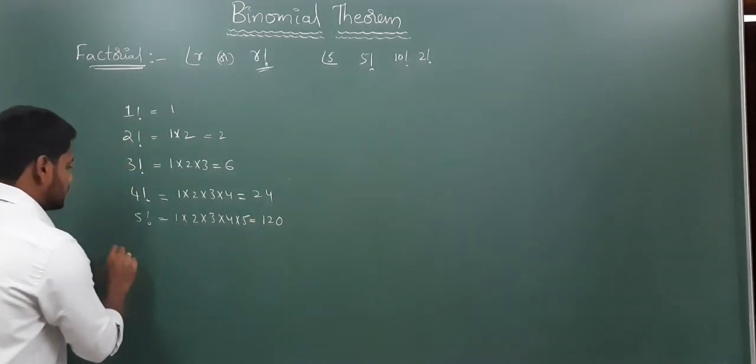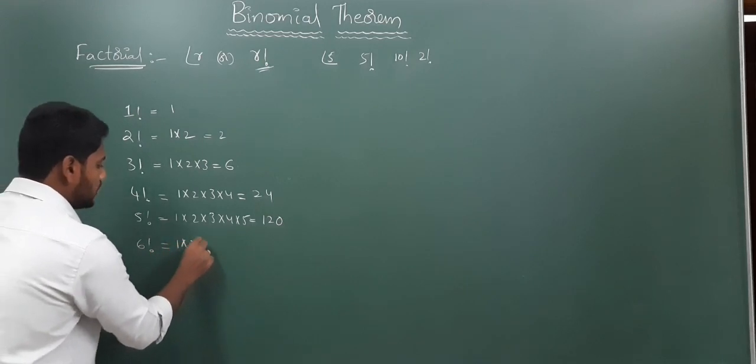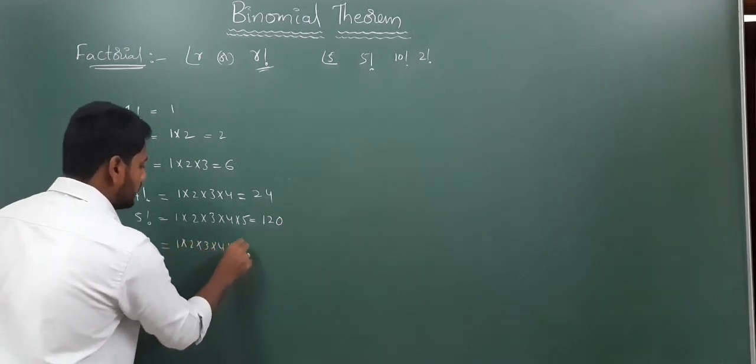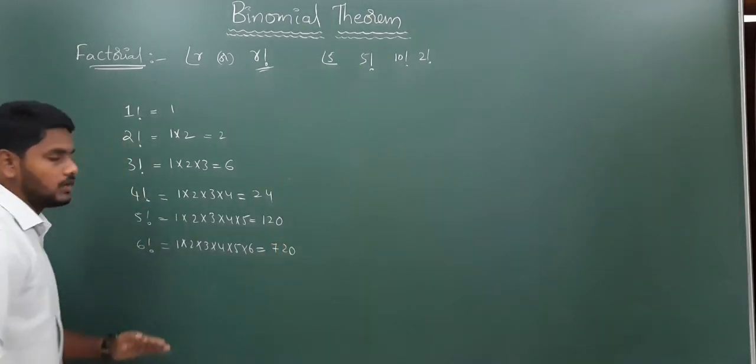Next, 6 factorial. So 1 into 2 into 3 into 4 into 5 into 6, which is equal to 720. So like that, and so on.